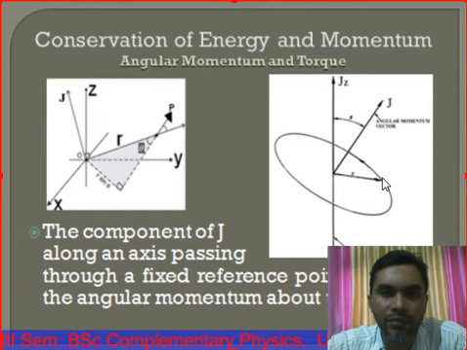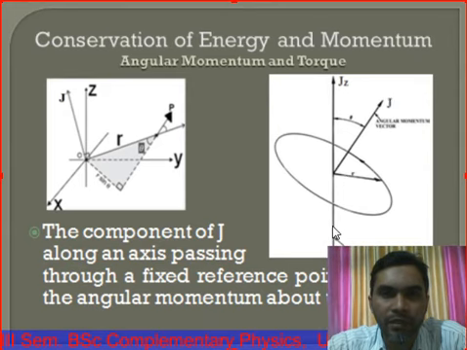So velocity will be directed in this manner. So r cross p, that is position vector cross linear momentum, will be directed perpendicular to the plane containing both r and p. So the angular momentum will be perpendicular to the orbital plane of that electron. It will be directed along this direction.